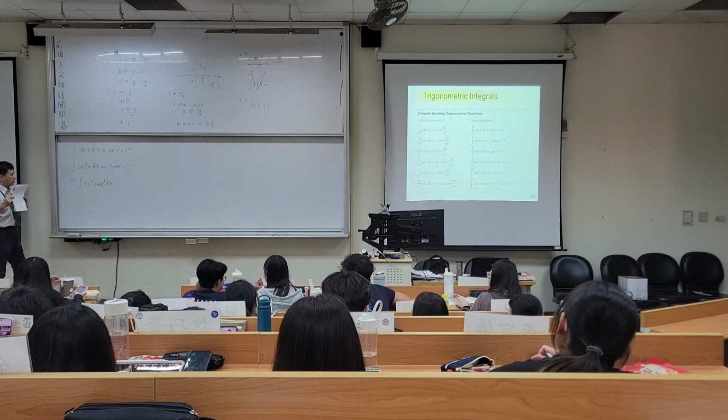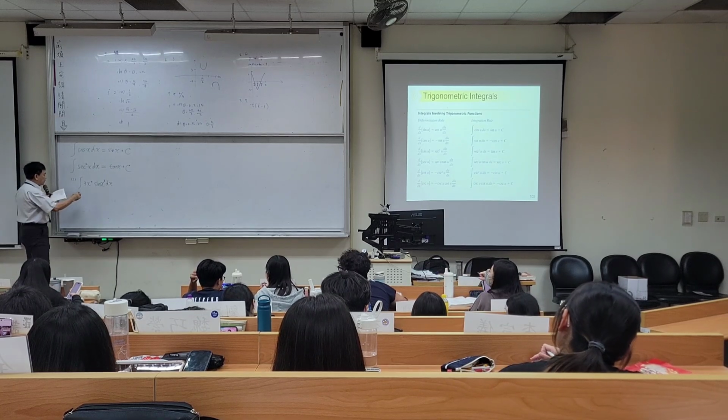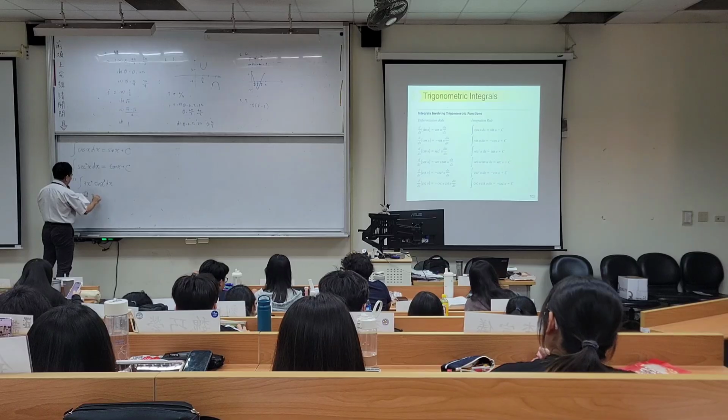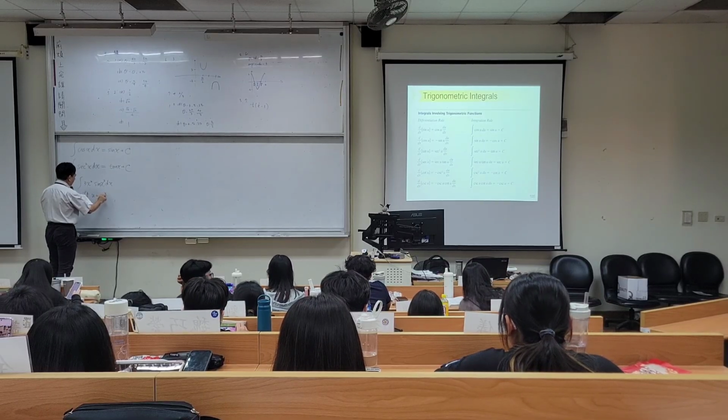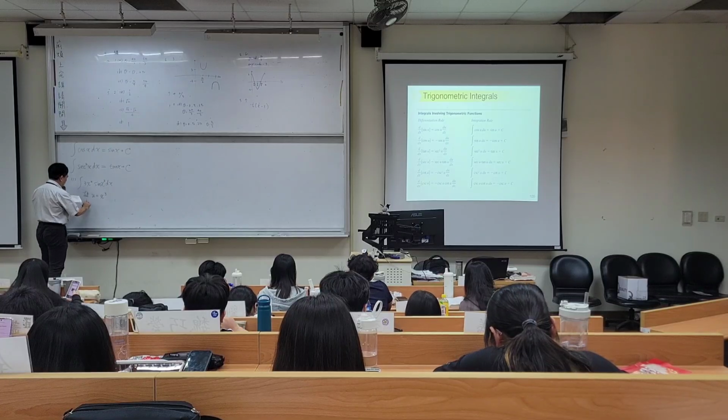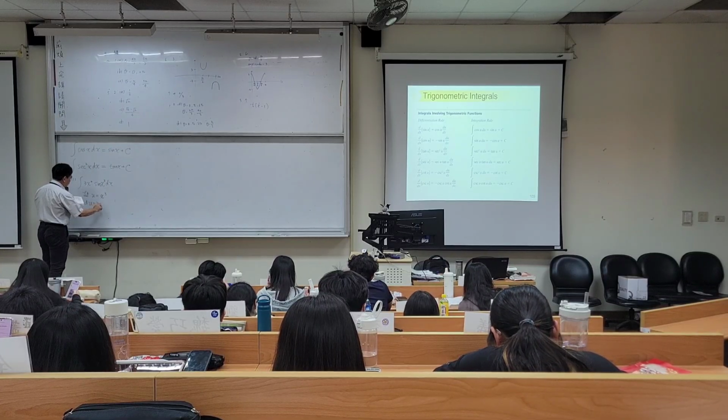And we need to use integration by substitution here. So first of all, let u equal x cubed, and then du will be equal to 3x squared dx.